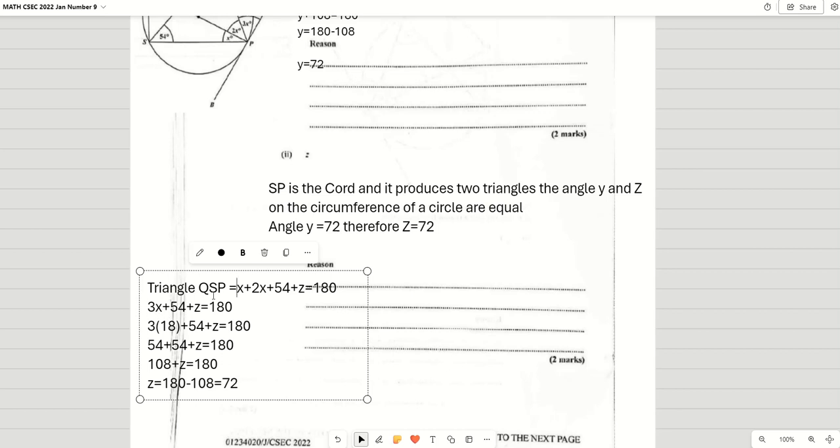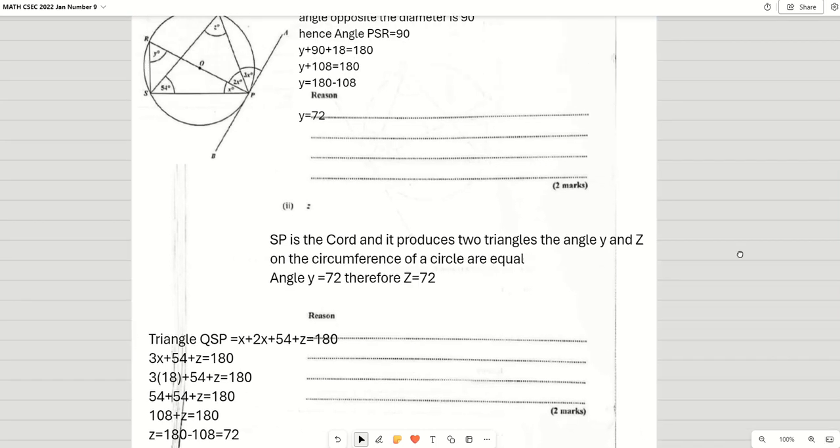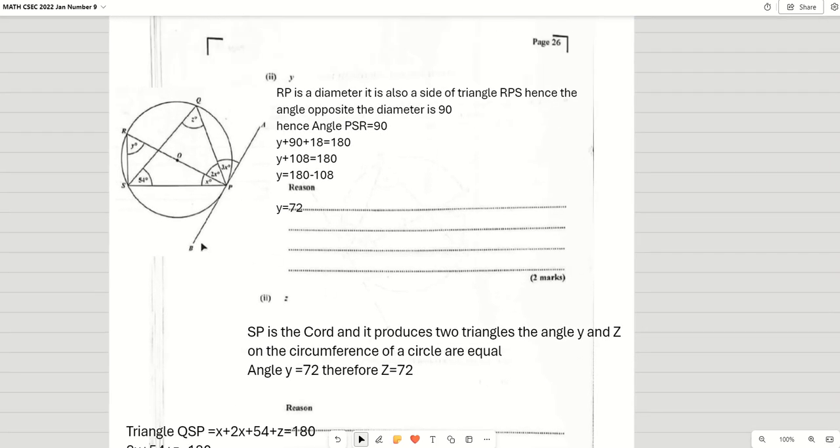And then you break it down further, and that is how you get Z is equal to 72. Right, that is the next way that you could have done this question. If you are not seeing that SP is your chord, produce two angles that are on your circumference.